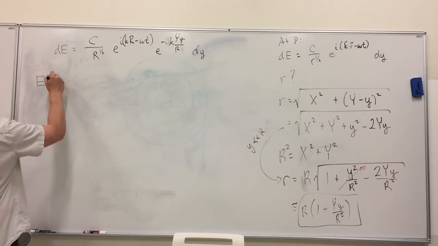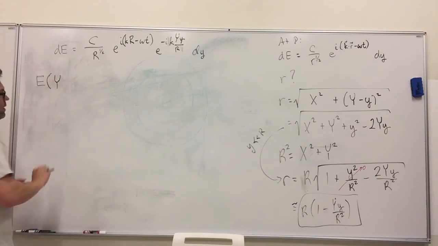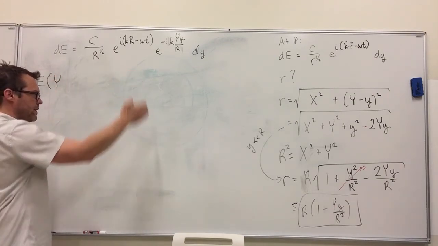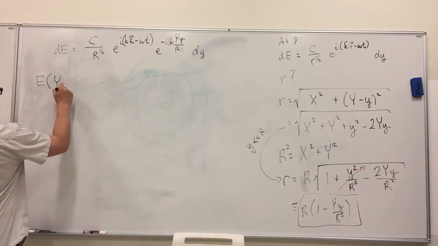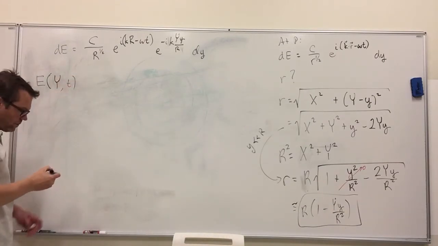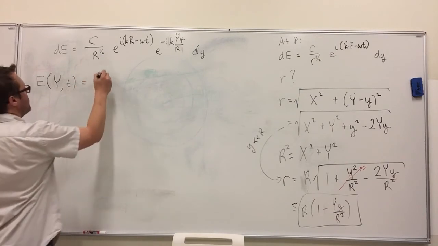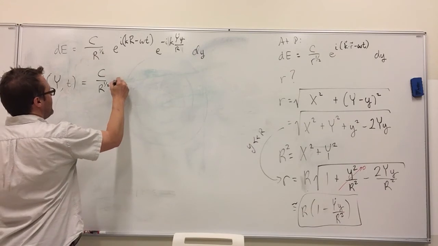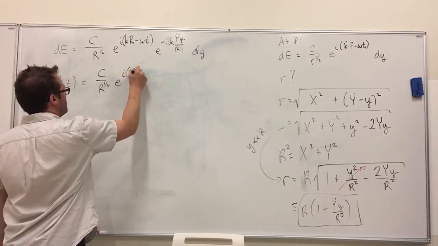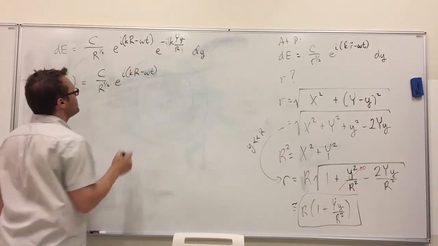And in the end, this will be a function of big Y, which remember is the distance from the center along my screen, which is far away, and time. And so that's going to be a C over big R to the 1/2, e to the i k big R minus omega t.